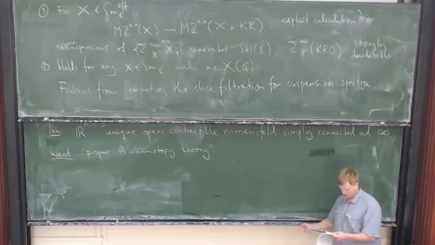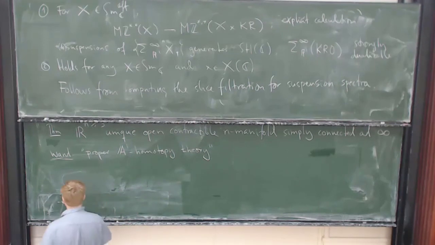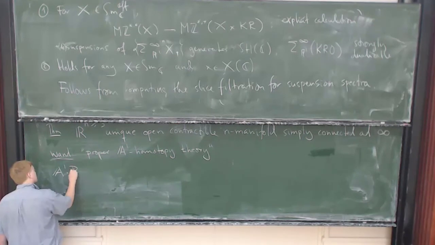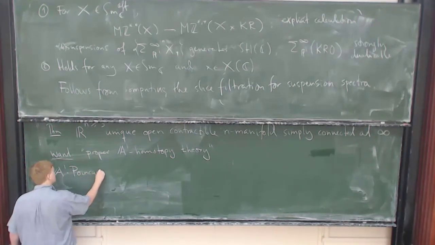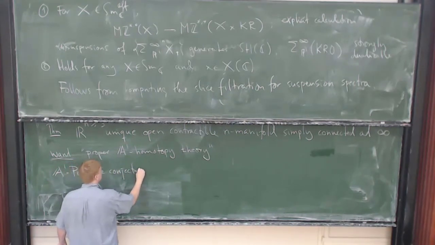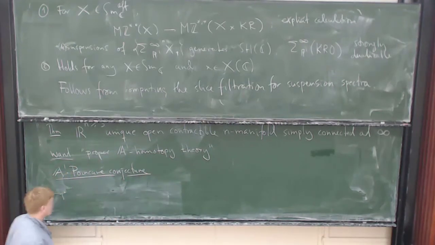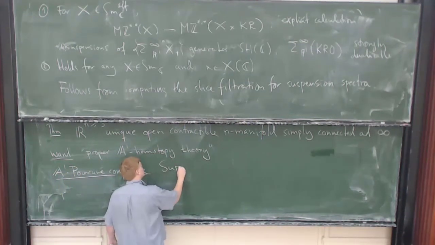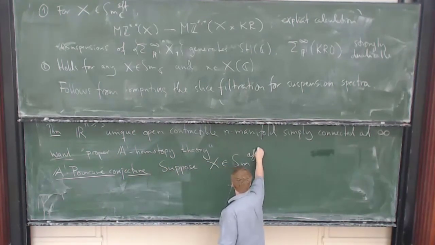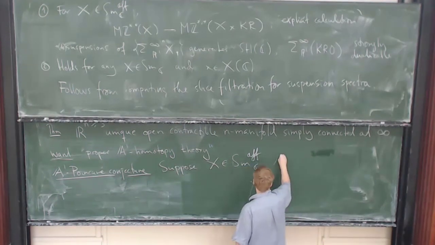So let me just go ahead and state something that's really science fiction at the moment, but maybe one day. Something like an A1 Poincare conjecture. Suppose X is in SmC, so it's affine, say complex, and it's A1 contractible.